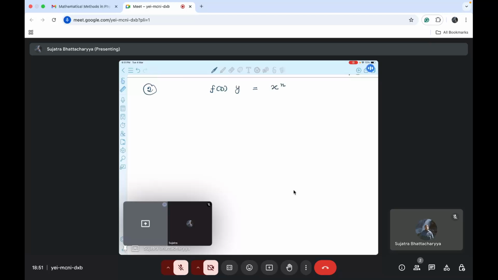If this is the case, then how to find your yp? In this case, your yp can be written as x to the power n upon f of D. So the solution is that you take f of D, its inverse, times x to the power n. That's all. This is the step you have to follow. Okay, so the rule is this.